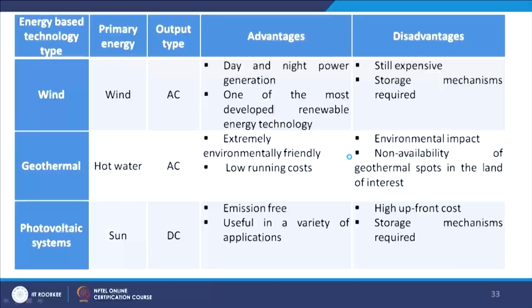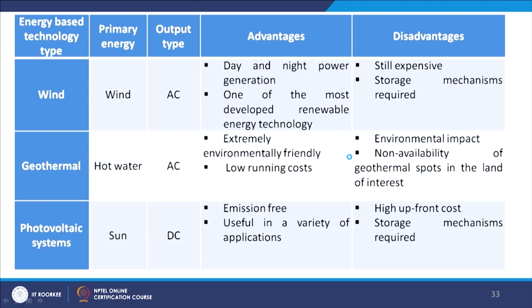Next is geothermal. Hot water is the primary energy source, the output is AC. The merits are that it is extremely environmentally friendly with low running cost, whereas the disadvantages are environmental impact and non-availability of geothermal spots in the land of interest.